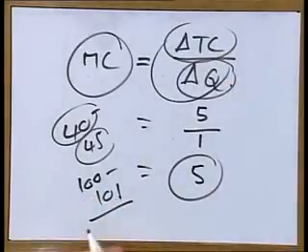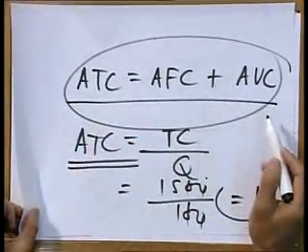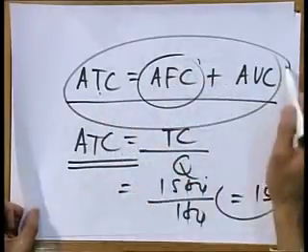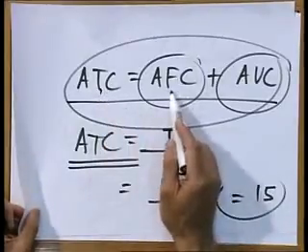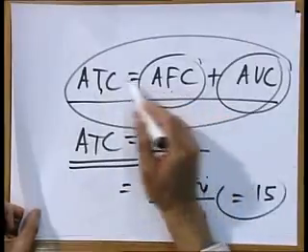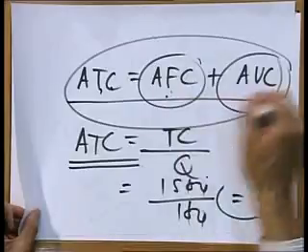So this is how you calculate MC in terms of that formula. But remember, I mentioned on the previous page that there's an alternative way of calculating ATC if you know AFC or AVC. If you know one of these costs, then you can calculate ATC as well. Or basically, if you know both of these, you can calculate this.